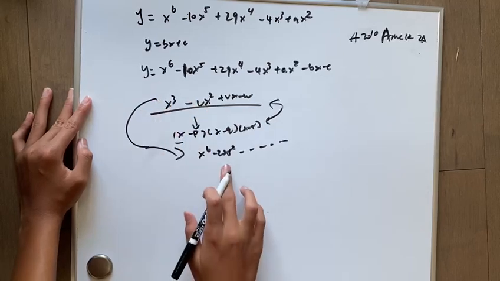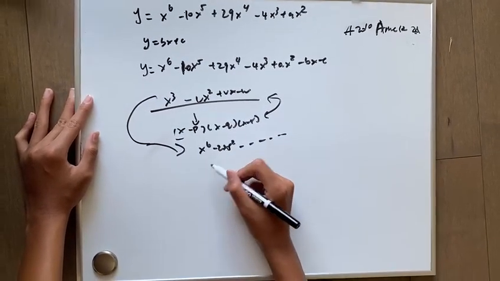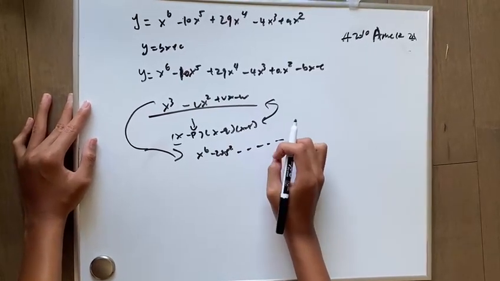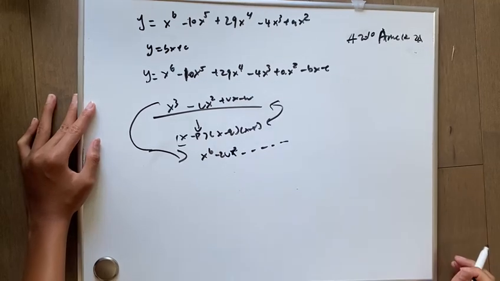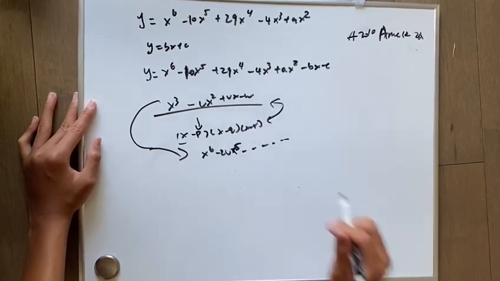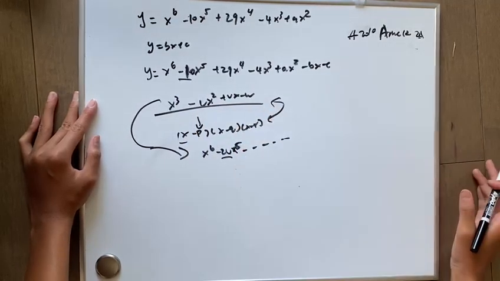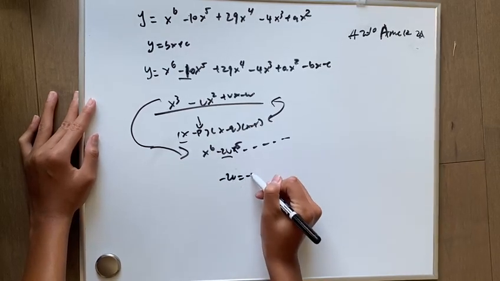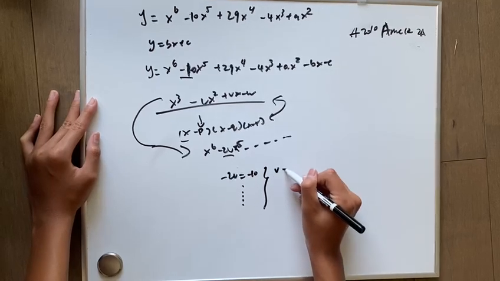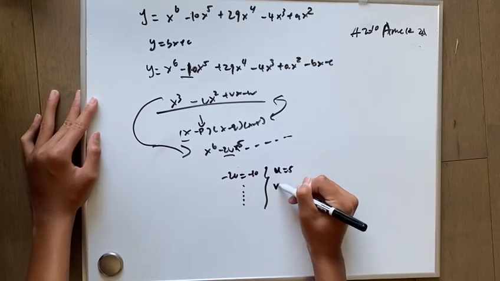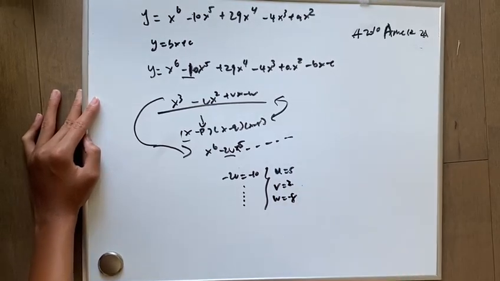The coefficient of x to the 5th is going to be negative 2u, so negative 2u matches up to negative 10, and so forth. After you simplify everything, you can determine that u equals 5, v equals 2, and w equals negative 8.